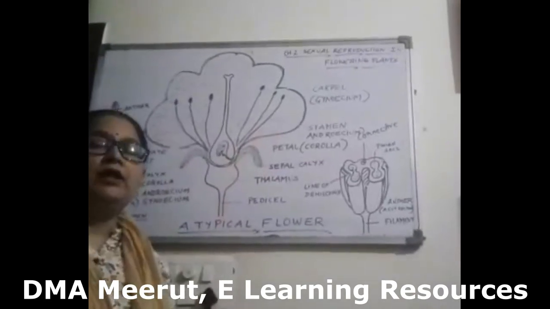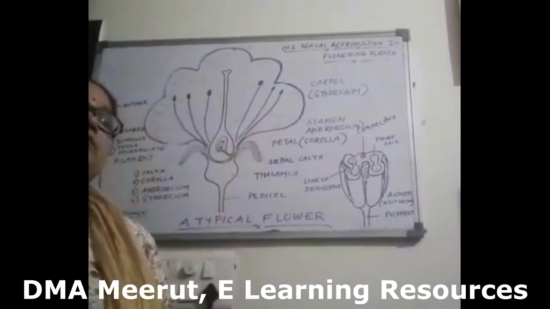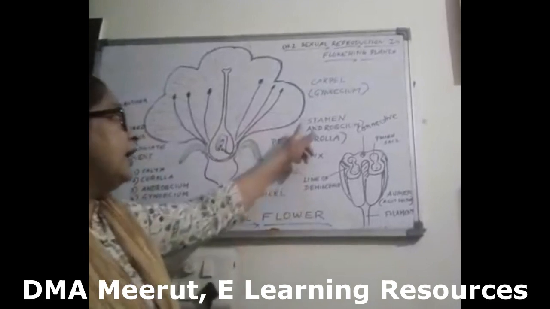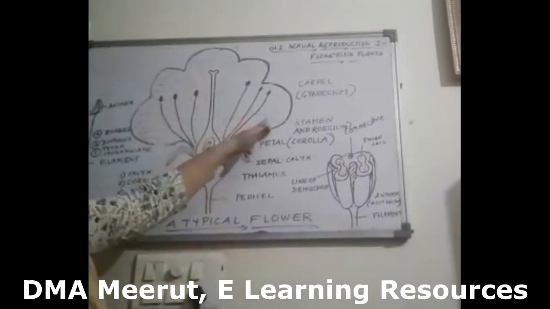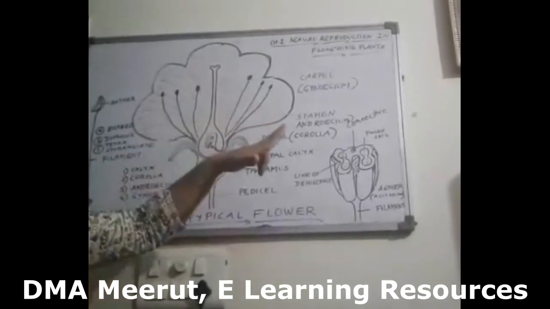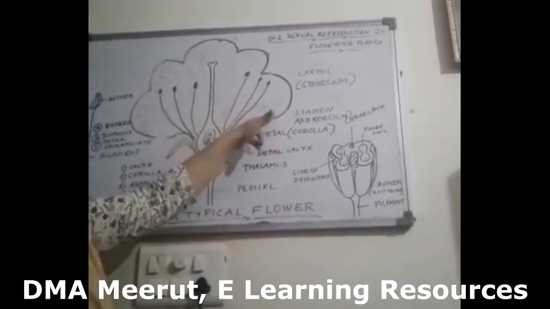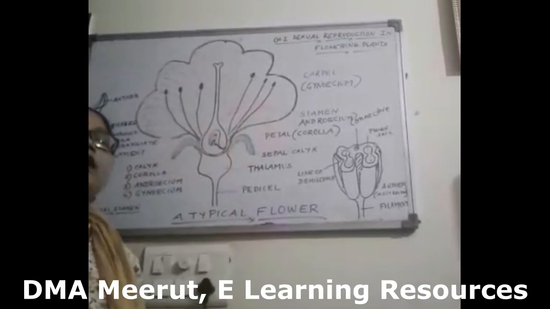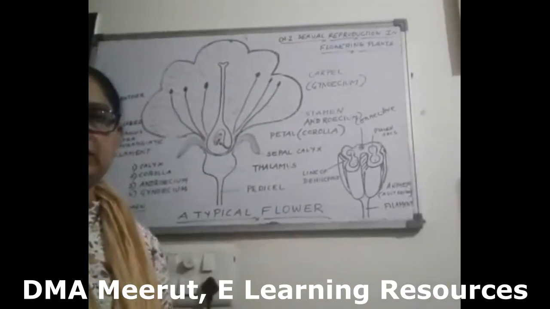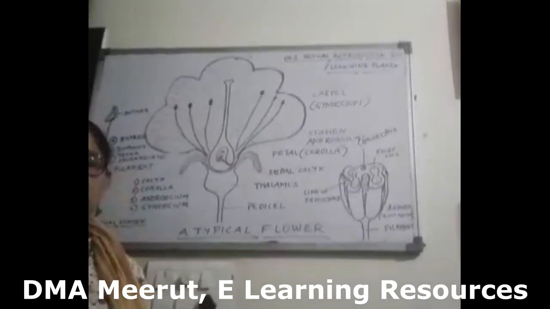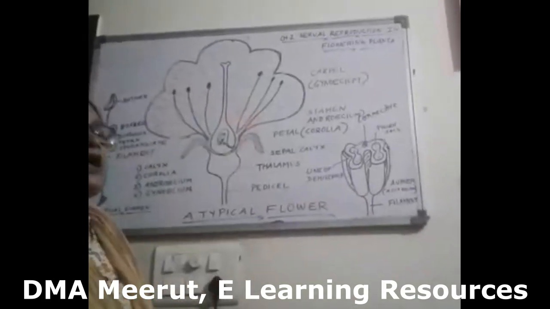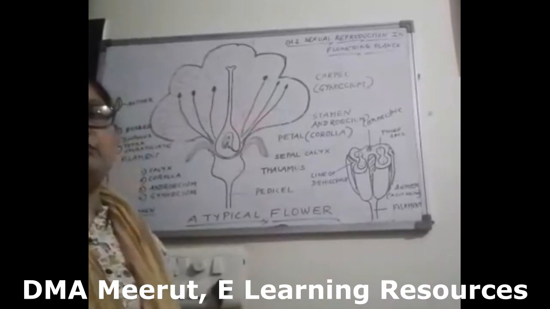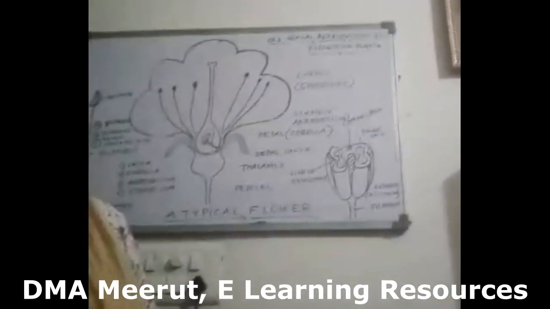Now if we talk about another appendage, that is stamen. Stamen is the male reproductive part, and a group of stamens is collectively known as androecium. Stamens may be attached with petals or with tepals. If stamens are attached with petals, then this condition is called epipetalous, that you can see in the Solanaceae family, for example brinjal. And they may be attached to tepals, for example in the lily family, for example onion and lily flower.